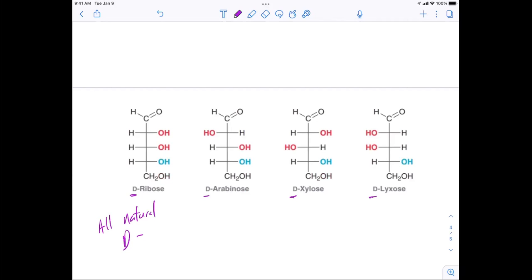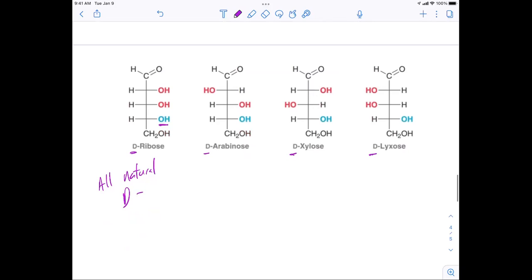And if we had equal mixtures of an R and an S, then that would be racemic. All natural sugars are D sugars. You can produce L sugars, but no natural processes create L sugars, right? And so the fact that this is on that side would be the D sugar. That defines the D sugar.